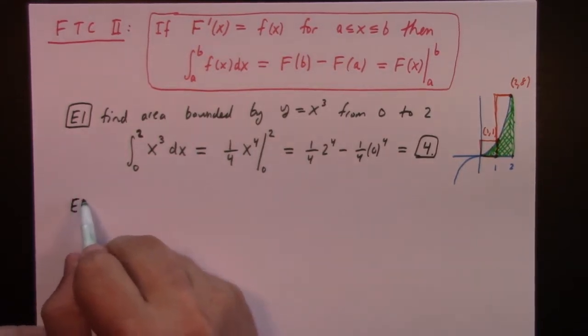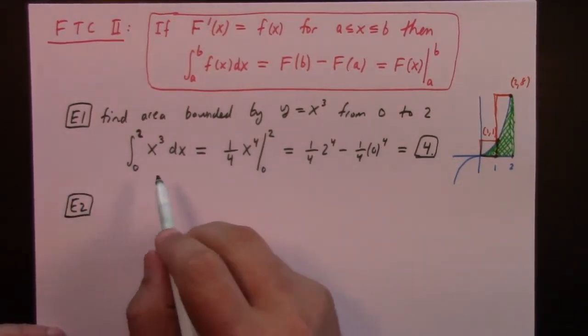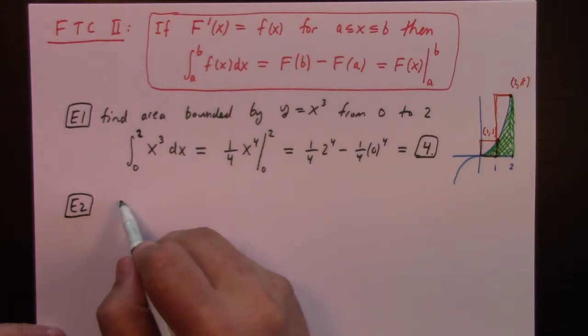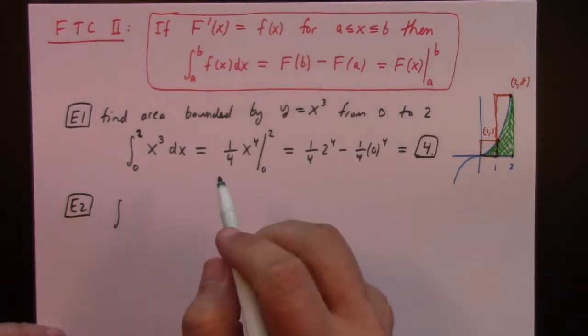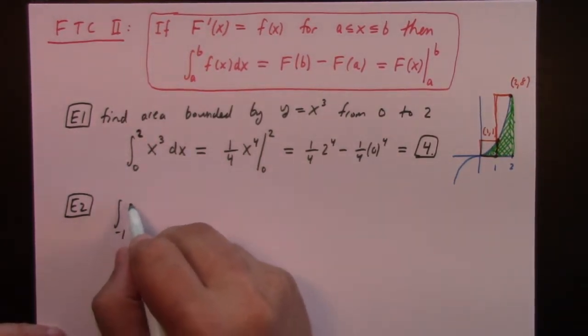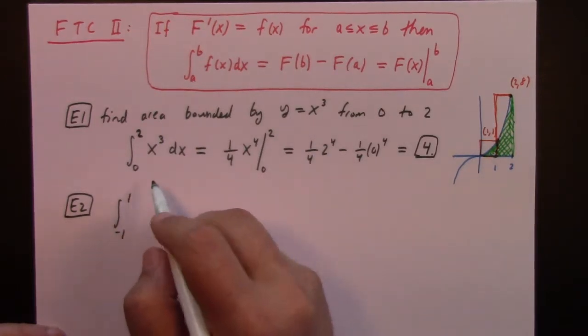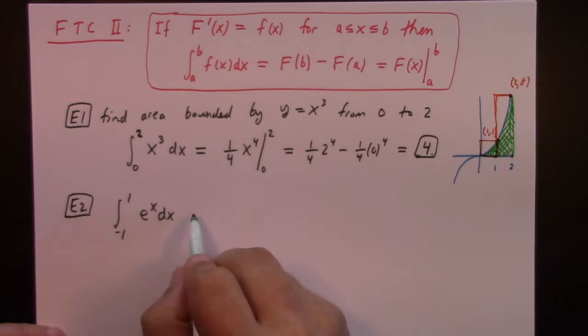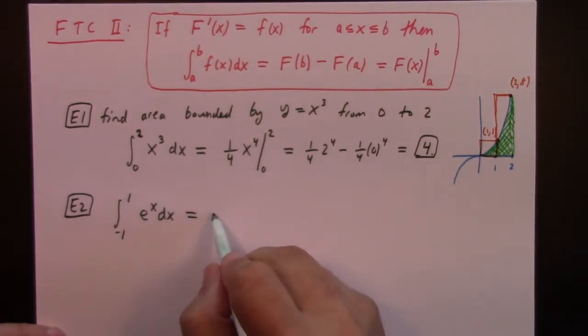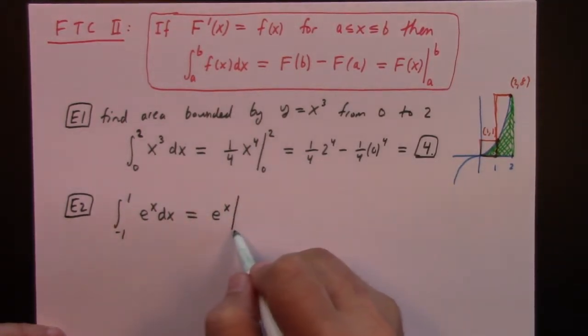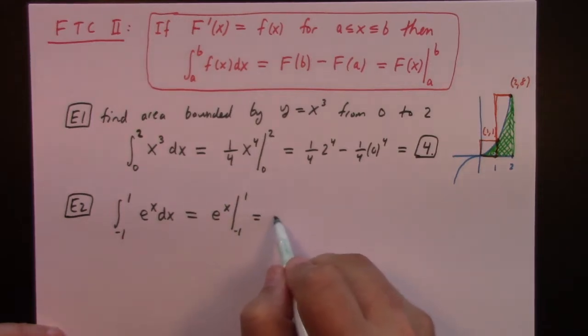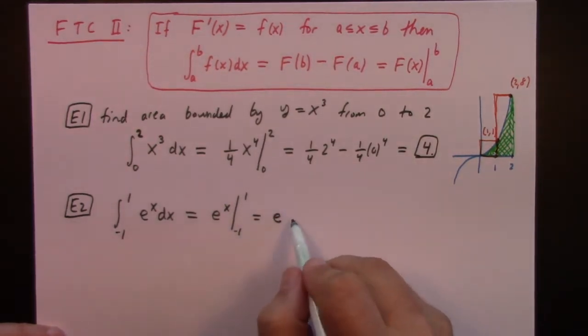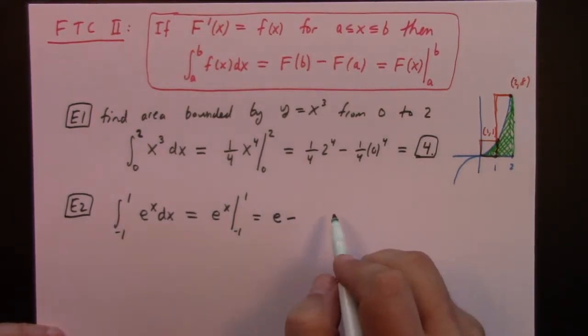Example 2. Suppose we want to integrate from, I don't know, -1 to 1 of, let's say, e to the x dx. So that's e to the x evaluated from -1 to 1, also known as e minus what?